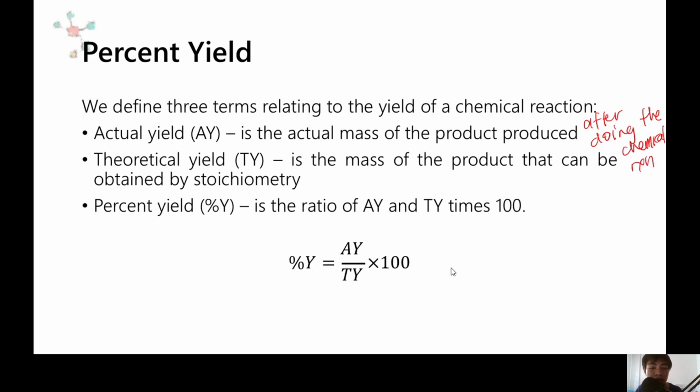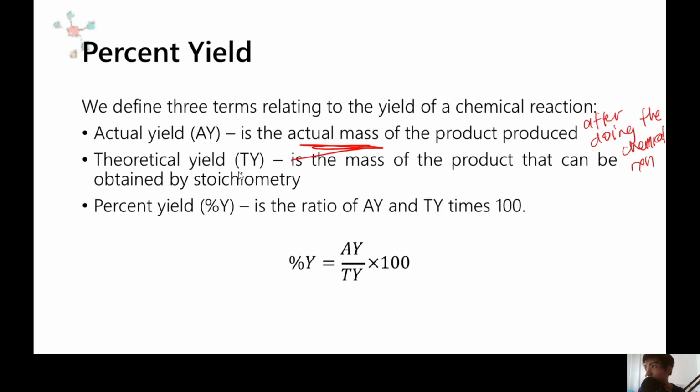Okay, so actual yield tells you about the actual amounts of your products after doing the reaction. Tapos ka na mag-reaction, kinolect mo, then ayun yung actual yield mo. How about the theoretical yield? Theoretical, what does that mean? Meaning in theory, in calculations. Ano ba yung in calculations?